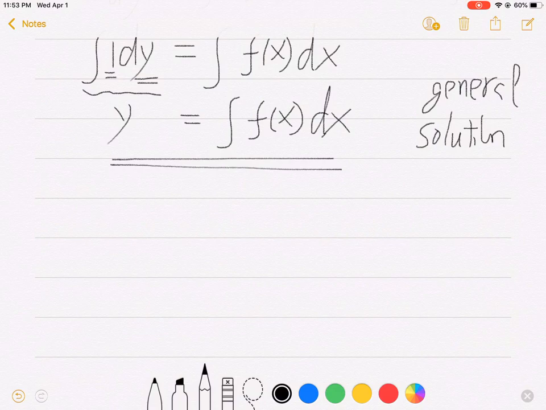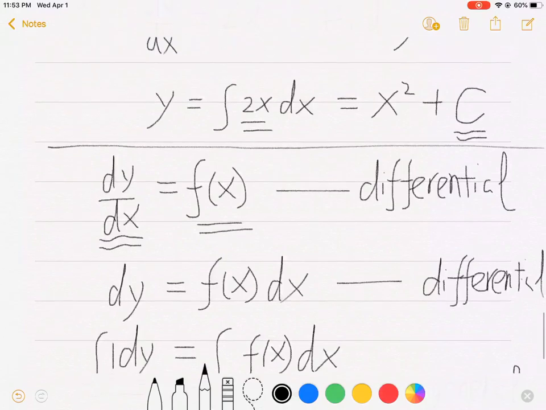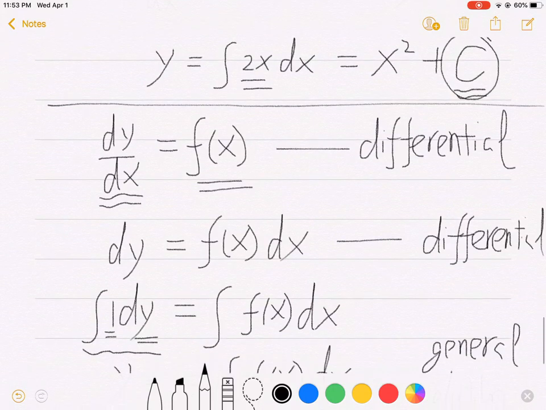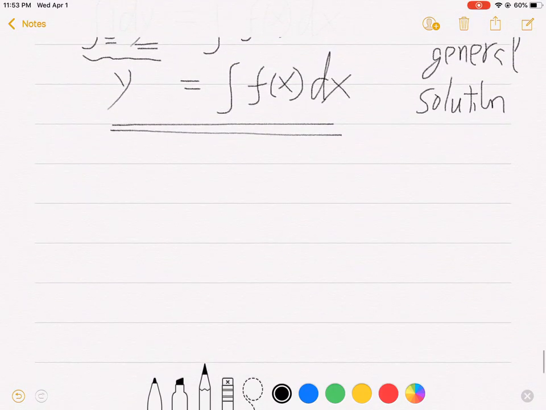But we know that this problem has infinitely many solutions, right? But if we add one more condition, we can determine this constant c. So let's continue that example.